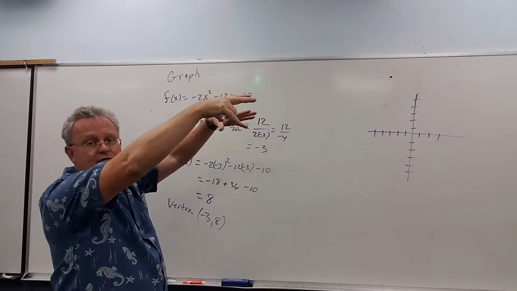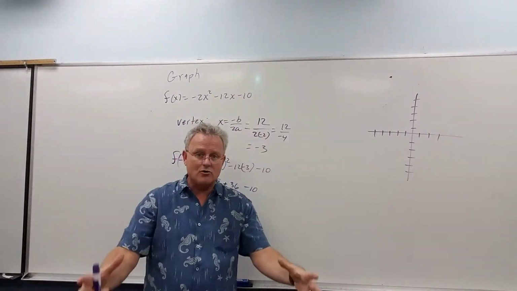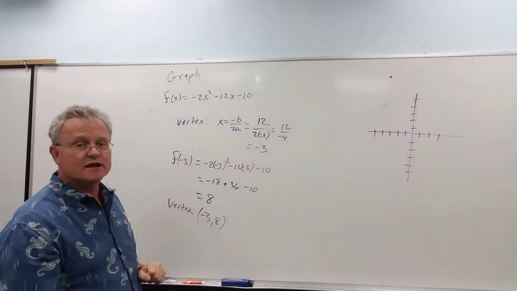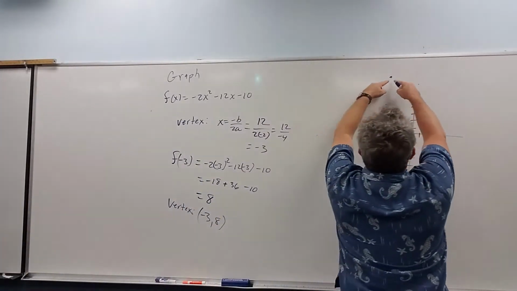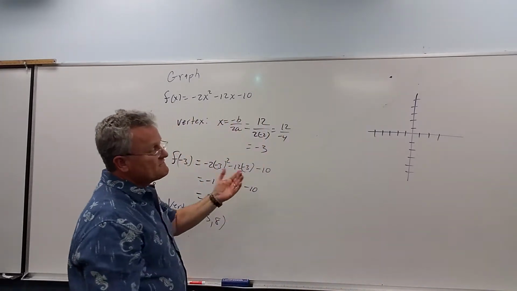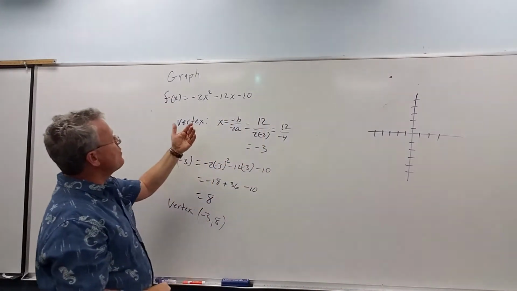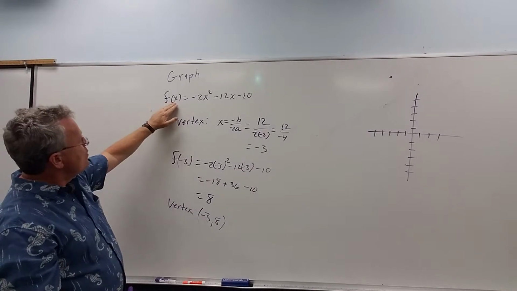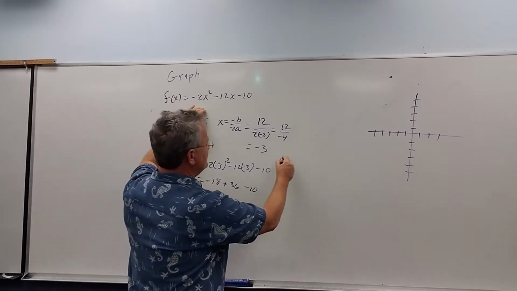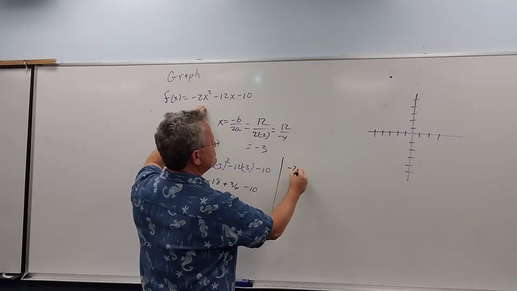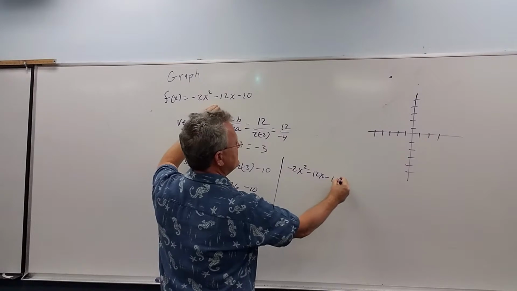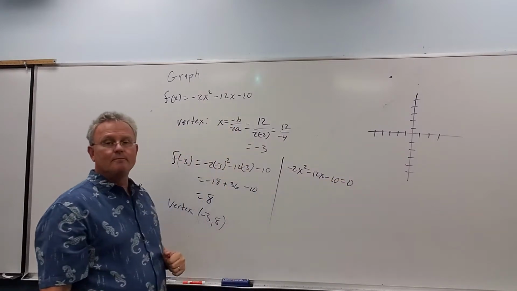We know the graph of the parabola is going to come down because the number in front of x squared is negative. So when it comes down, the question is, where is it going to cross the x-axis? To find the x-intercepts, you let y equal 0. Y is f of x, so I let this be 0, and we're solving minus 2x squared minus 12x minus 10 equals 0.